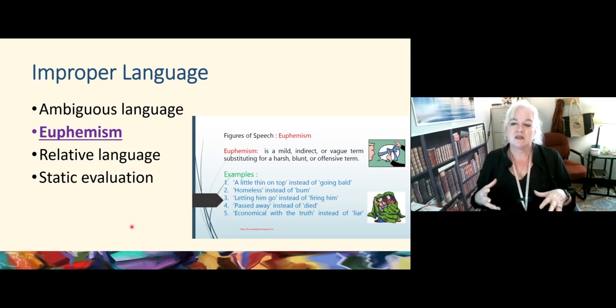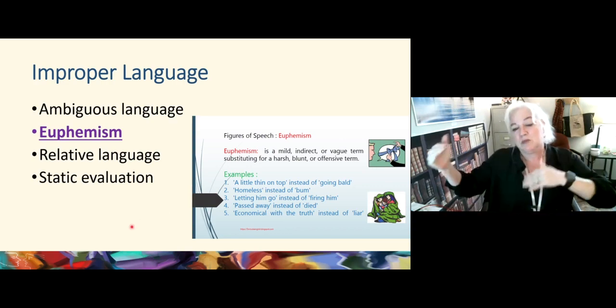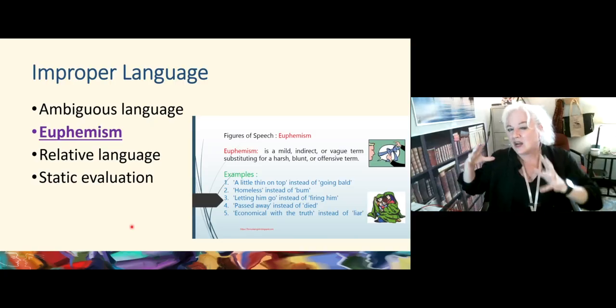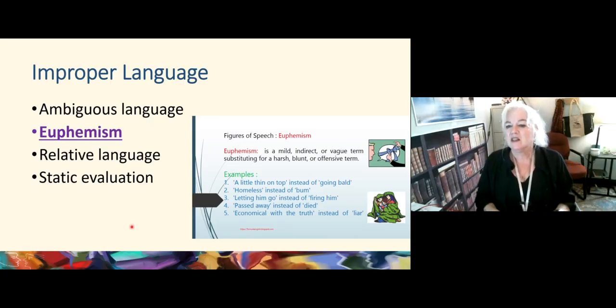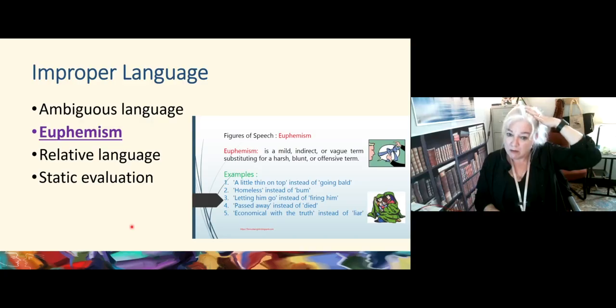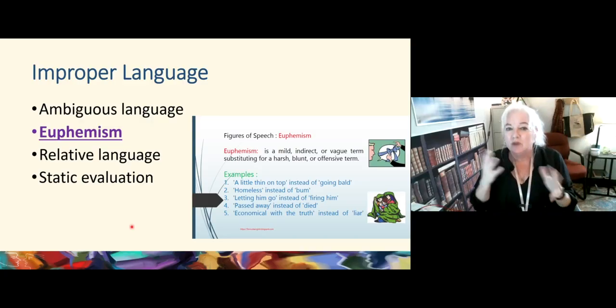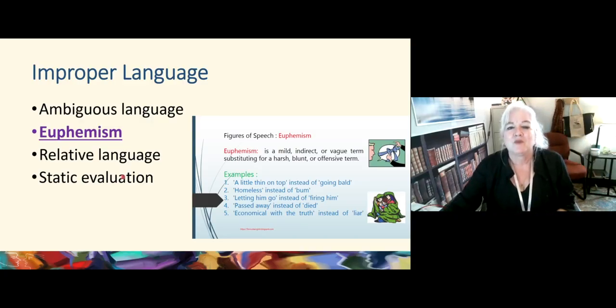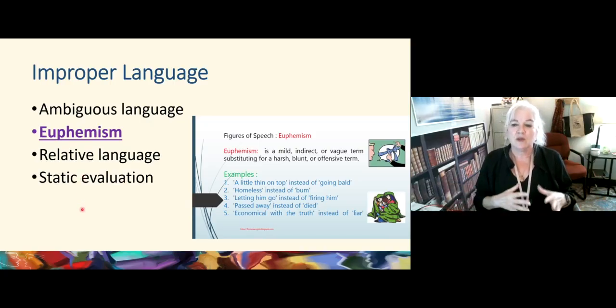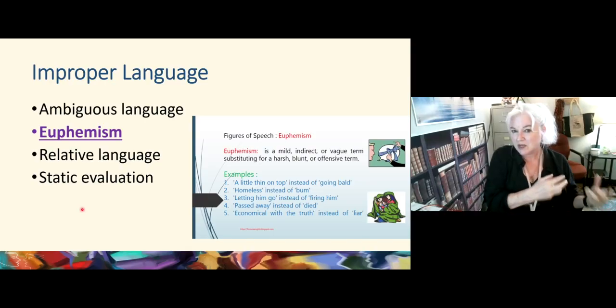But it's a way of saying something more politely or less bluntly, but it's still kind of an idiom. He's a little thin on top instead of going bald, homeless instead of bum. You get the idea.